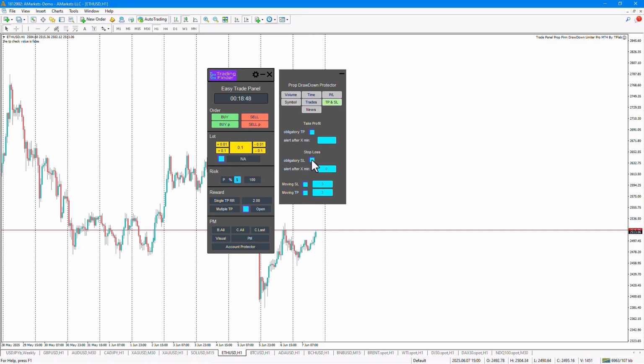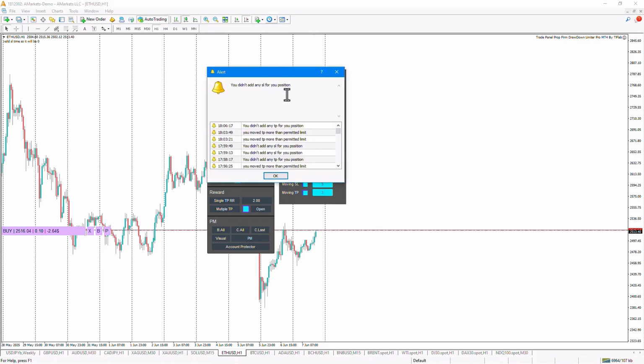In this case, I enable this option and can set a specific time interval for it, so that after that period has passed, it will issue an alert for me and remind me that my trade was executed without a stop loss level being set. By default, it is set to a 0 time interval, and as soon as the trade is executed, I receive an alert telling me that I need to set a stop loss level for my position.